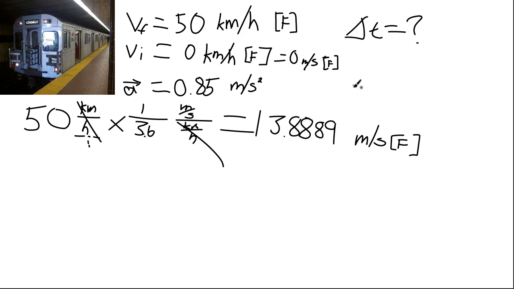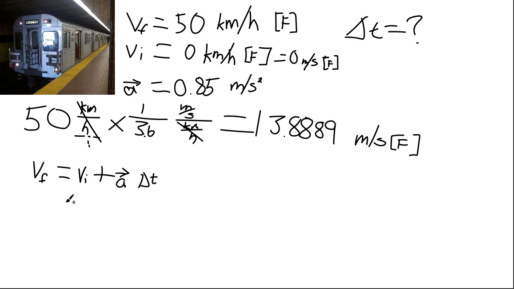Since for this one we want to solve for delta t, we will want to use this kinematic equation since we know the variables VF, VI, and A. So let's do this: VF equals VI plus A times delta t.